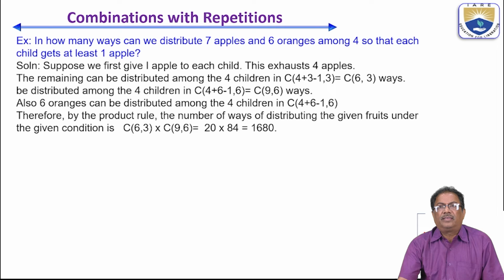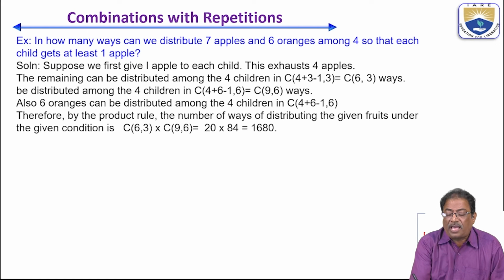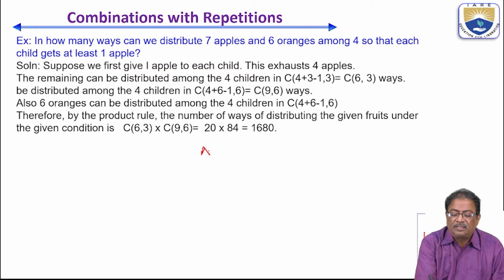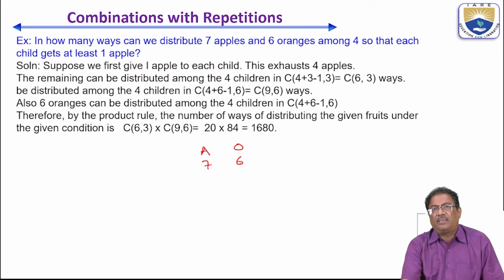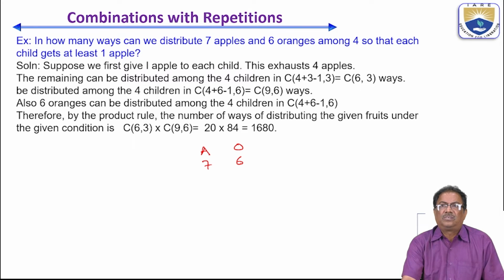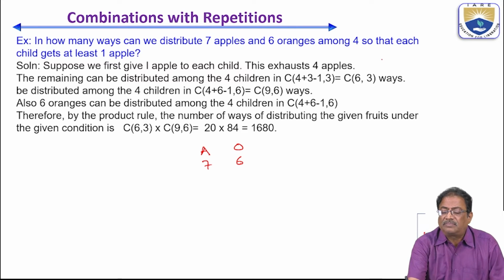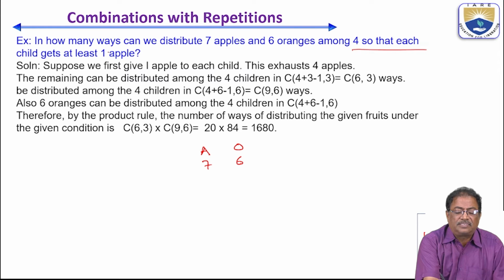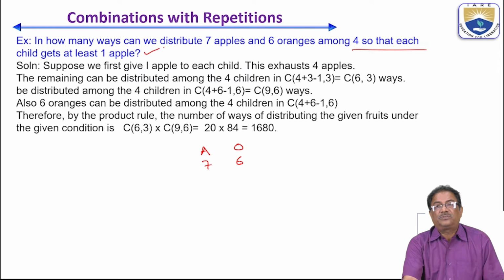And another one is, how many ways can we distribute 7 apples and 6 oranges? So here the condition is that each child gets at least 1 apple.